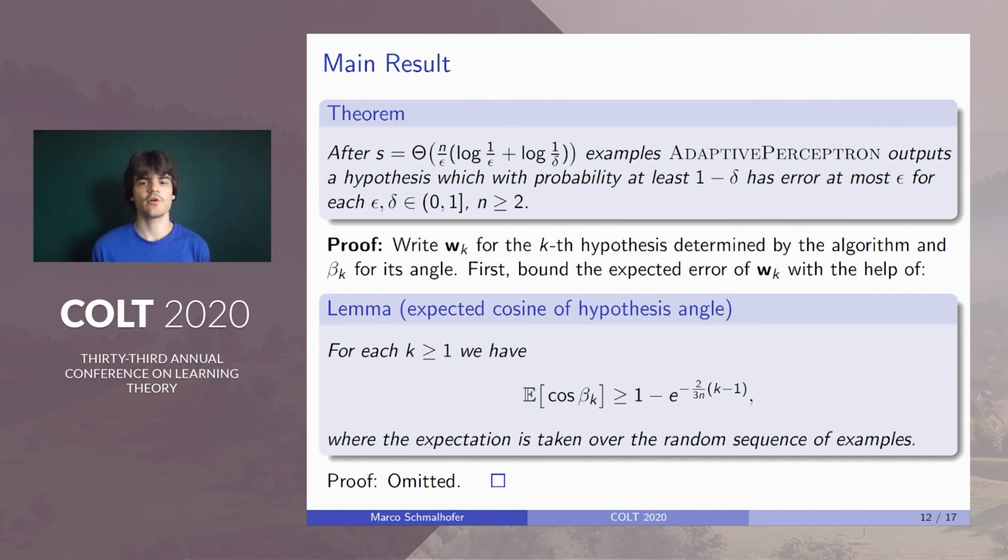Consider the kth hypothesis wk and its angle with w star, beta k. Then one can bound the expected error of wk with the help of this lemma, and this lemma essentially says that the expected cosine of the angle of the kth hypothesis is exponentially close to 1.